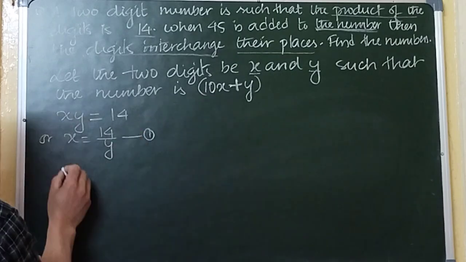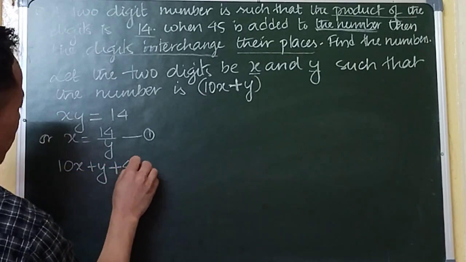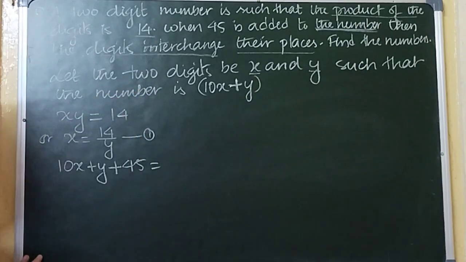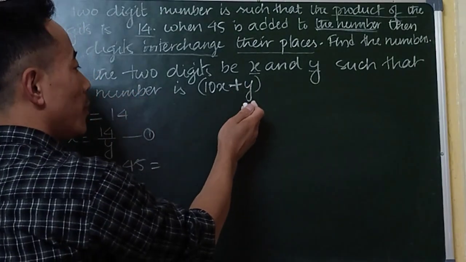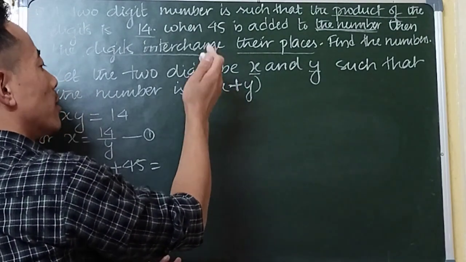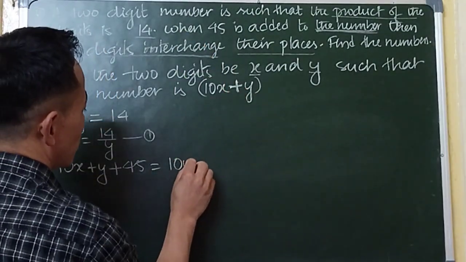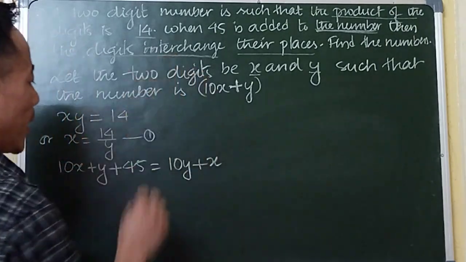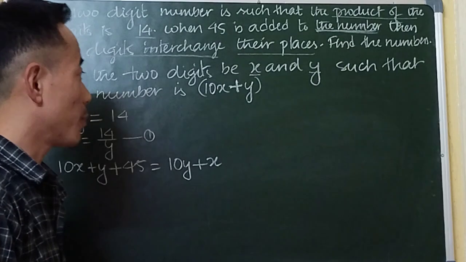So if you add 45 to this number, that is 10x plus y plus 45, then what will happen? The digits will interchange their place. So the digit in the unit place will go to the 10th place, and the digit in the 10th place will go to the units place. So that means this becomes 10y plus x. So this is the meaning of interchange. They will interchange their position or place.